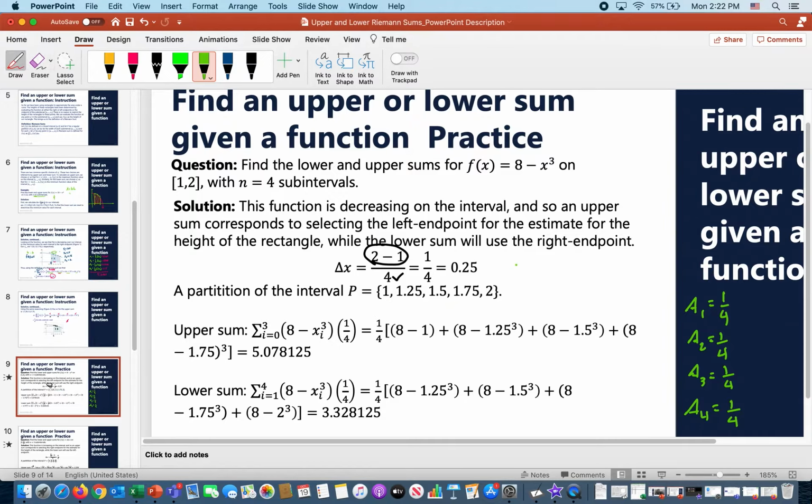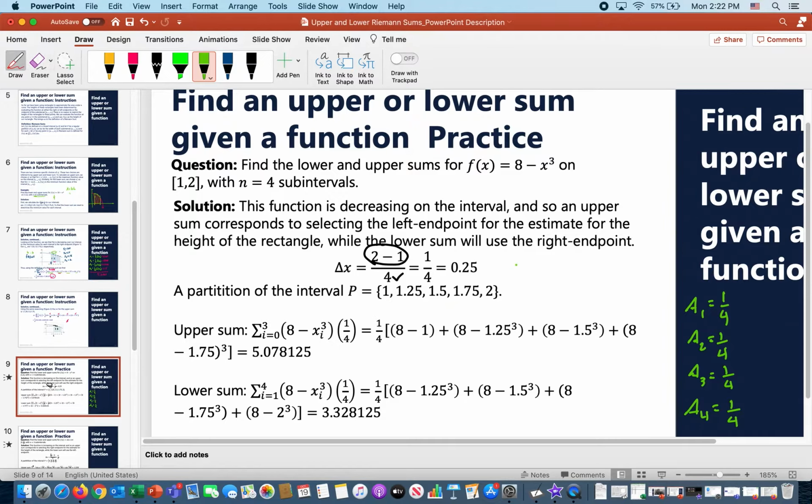So to find the upper sum, we're going to start with 1 and then choose 1.25, 1.5, and 1.75. You can see how that's played out here. And the width of each of those rectangles is 1/4. And the lower sum will start with 1.25 and then go 1.5, 1.75, and 2.